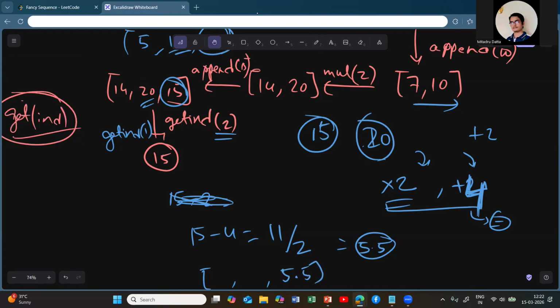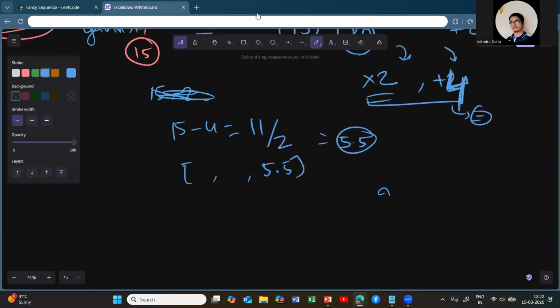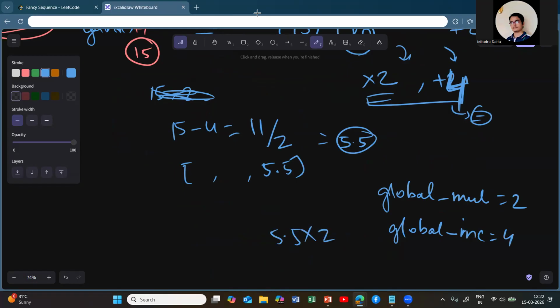Okay, now you see that your global multiplier is nothing but 2. When accessing the element, your global incrementer is nothing but 4. So what you can do, you can just multiply this by 2 and then just add 4 to this. You will get 15.